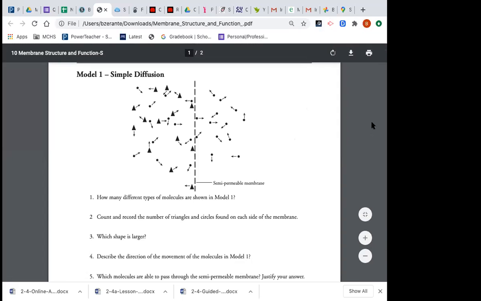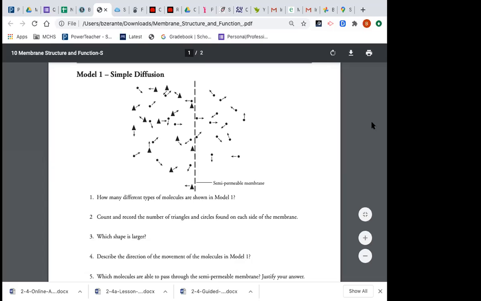So the arrows are not actually particles. The arrows are representing which way those shapes are moving. Which is confusing, so it's good that we brought that up. So the arrows represent movement, and the particles are either the triangles or the circles. So there's 2 of those. Did anyone else have any other questions about what counted as a molecule? Especially people who said 3?